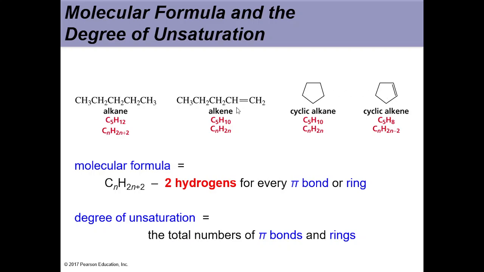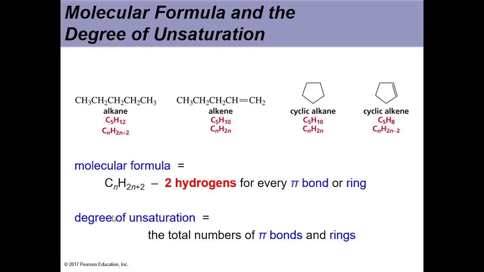A pi bond is the second bond, or the third bond in a triple bond. A ring which doesn't have any pi bonds could also result in missing 2 hydrogens. For example, 5-carbon cyclopentane has only 10 hydrogens instead of 12.